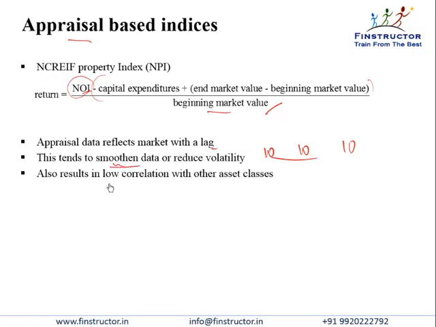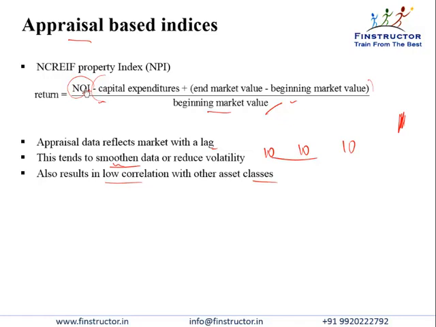This also results in low correlation with other asset classes, because other asset classes will be fluctuating. So it will look like real estate doesn't fluctuate, or that real estate has low correlation with other asset classes, which may not actually be the case, and may just be an issue with the index construction and calculation method. Once again, just remember the return formula.